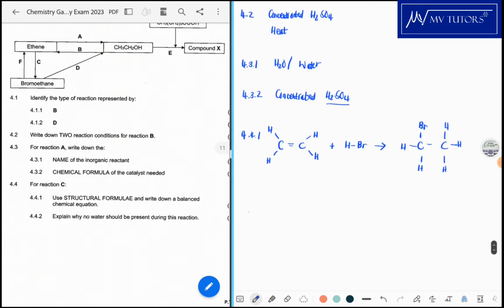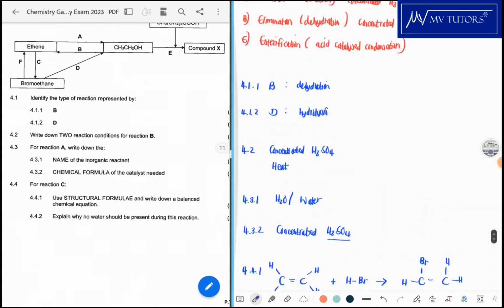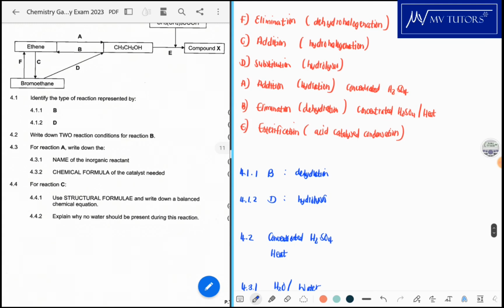Alrighty, and now 4.4.2. It says explain why no water should be present during this reaction. Why do we not want any water over there? Well, if we were to have water, remember what happened to bromoethane for reaction D, where we have hydrolysis.